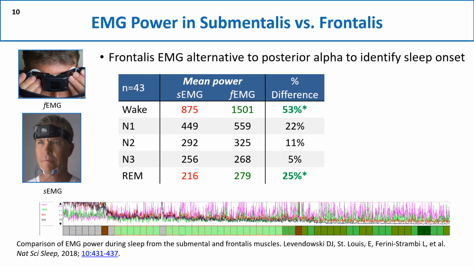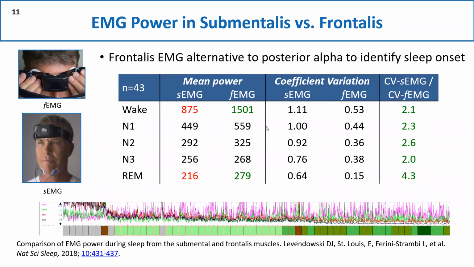So here, they're awake, and the black power that you see is elevated. You see the sigma power start coming up, and then the EMG power continues to drop as they go into deeper non-REM sleep. So that was one of the reasons we published this study, to demonstrate the capability of the EMG power.